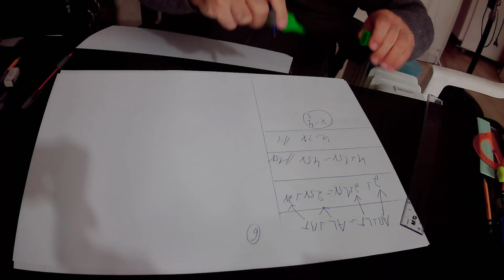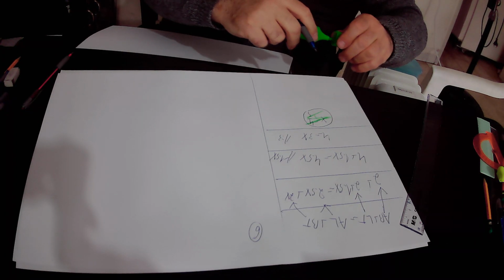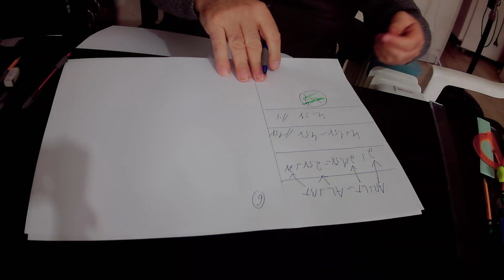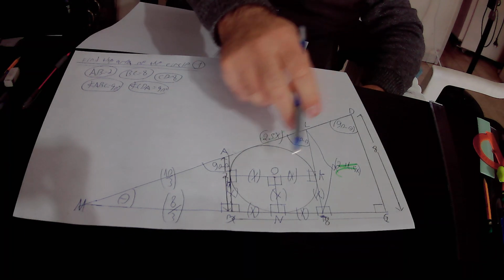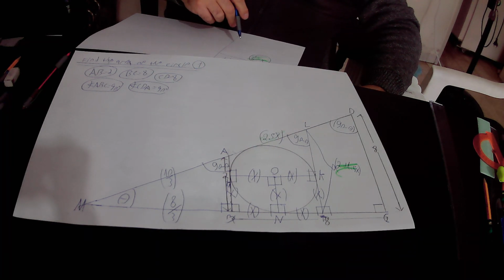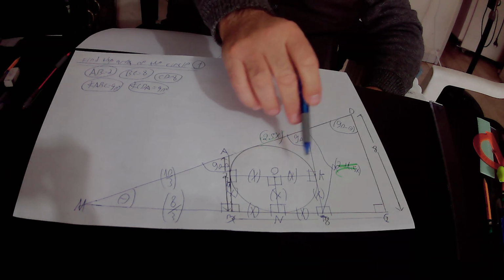So we found out that the radius x of this circle equals 4 over 3 units in its length. Our mission is to find out the area of this circle.